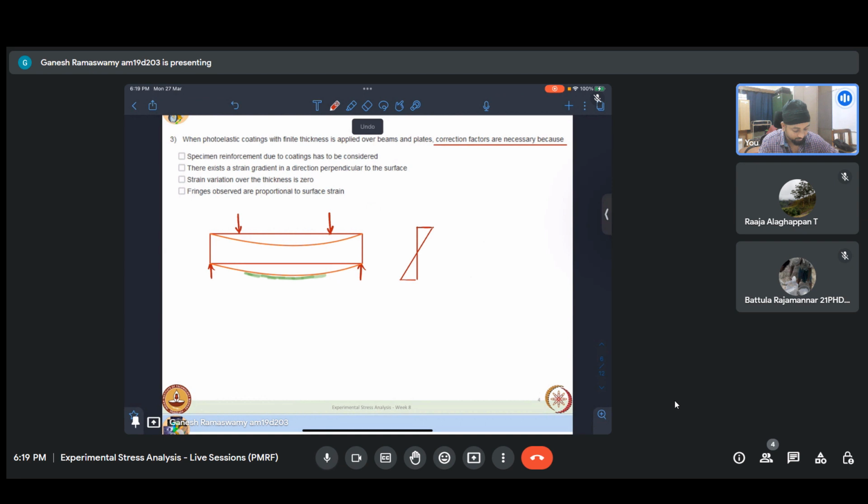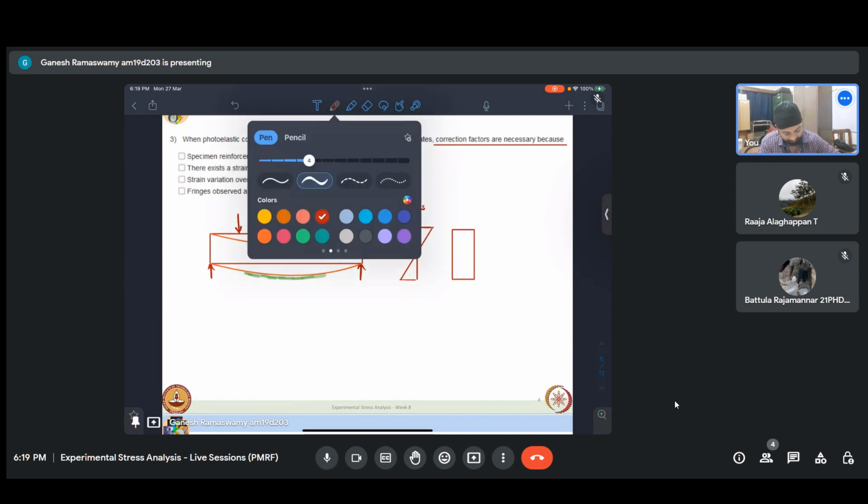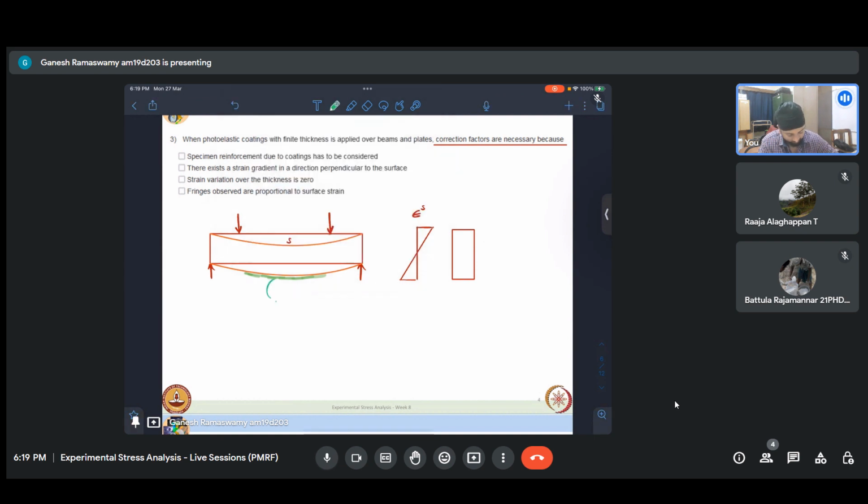Inside of the beam section, we know that strain variation is linear in the specimen. So I take this as the specimen and let me call this the coating. Inside of the coating, I'll just take the coating to be like that.